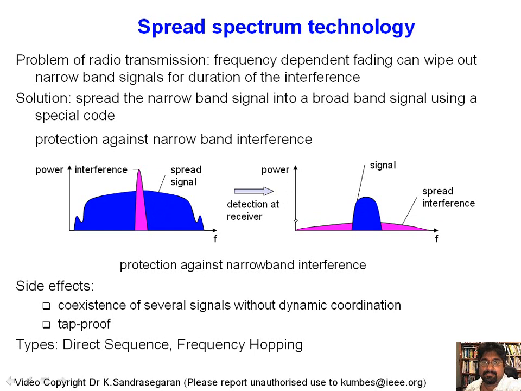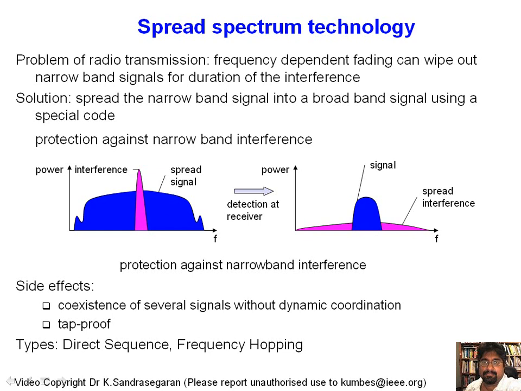In the process of despreading, the spread signal becomes a narrowband signal at the receiver, and the narrowband interference becomes spread over a larger band of frequencies. And you can distinguish between the original signal and the interference.